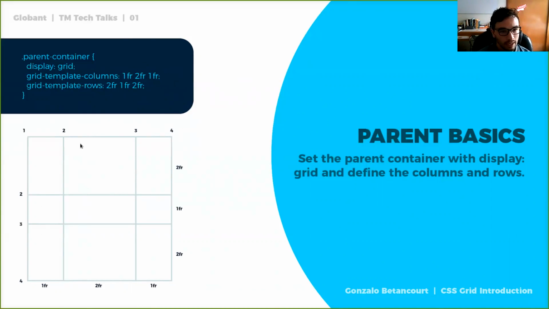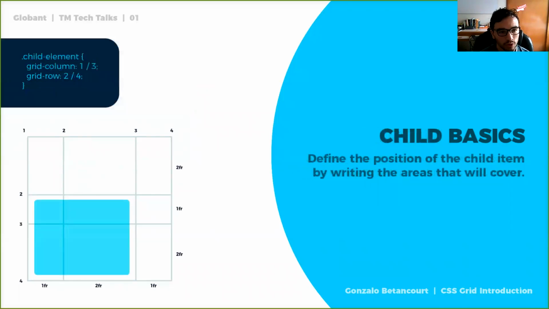Once we've done that, we can go to the child element that we want to position. Oh, I forgot to say something. The way we number the lines on the grid is like this: in the columns, 1, 2, 3, 4, and in the rows, 1, 2, 3, 4, right?